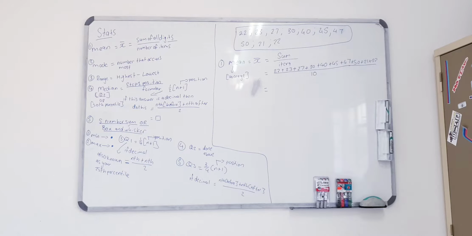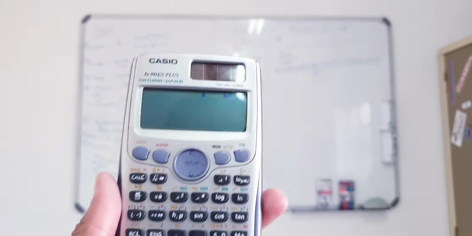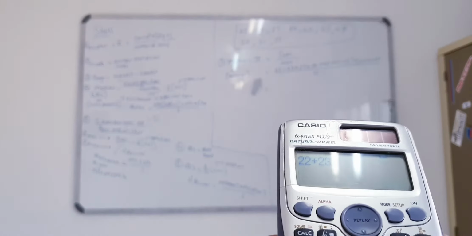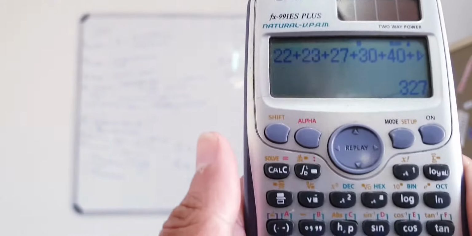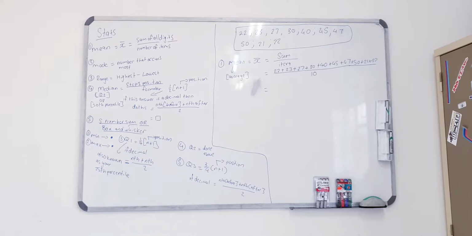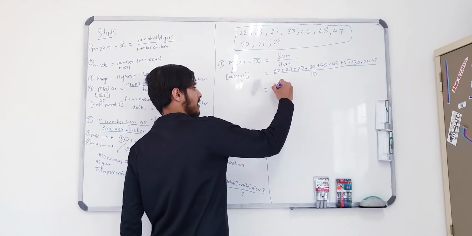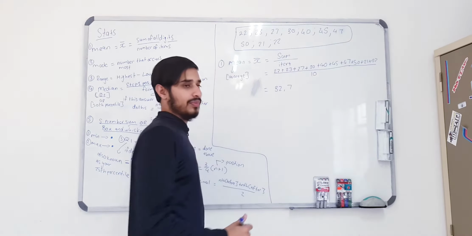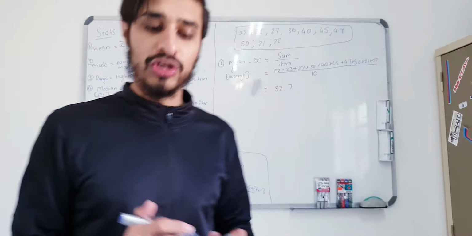So you add all of this in your calculator: 22 plus 23 plus 27 plus 30 plus 40 plus 45 plus 47 plus 50 plus 21 plus 22 equals 327, and then divided by 10, which is 32.7. So your grade average is 32.7, youngsters. That's how you calculate your mean.